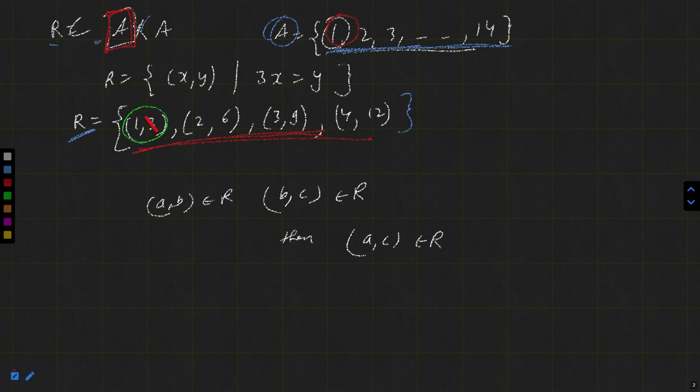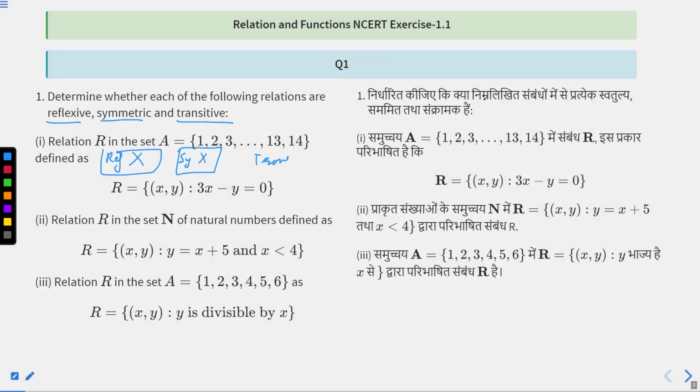So 1 comma 3 belongs to R, yes. 3 comma 9 belongs to R. Does 1 comma 9 belong to R? No. As you can see, the pair 1 comma 9 is not there in R. So I can easily say that it is also not transitive. So my first part is neither reflexive, nor symmetric, nor transitive. I hope this is very clear to you.